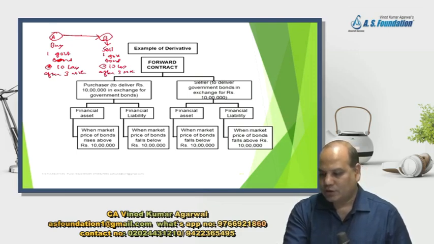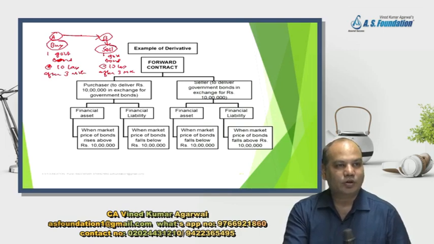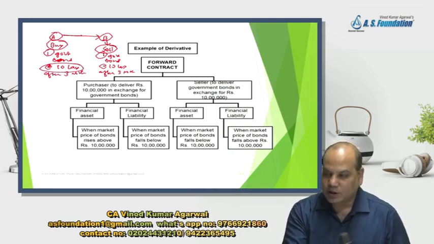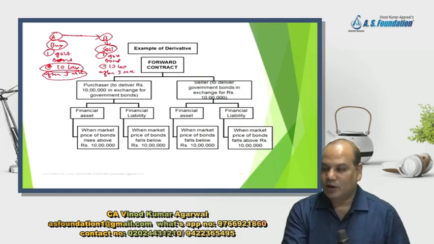After reading this example, understand the meaning of a forward contract. A forward contract is a contract to buy or sell a specified quantity, which is 1 unit of government bond, at a specified price, which is rupees 10 lakh, on a specified date.